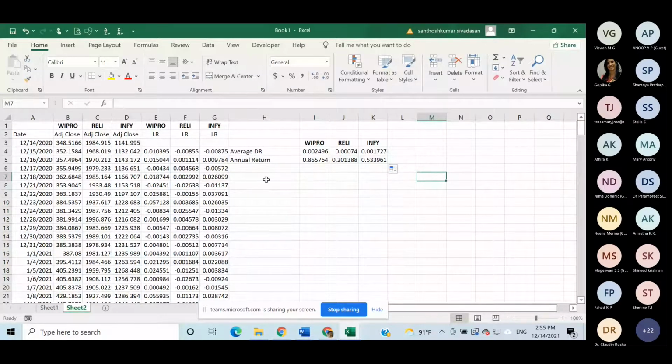So now we are finding the average daily standard deviation.